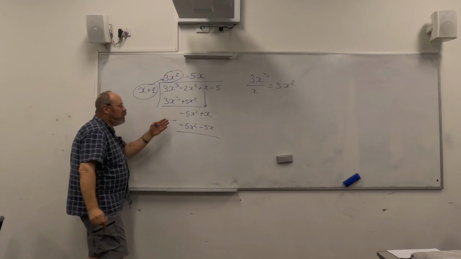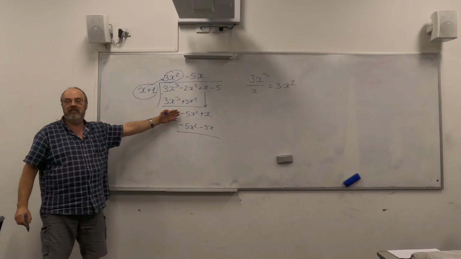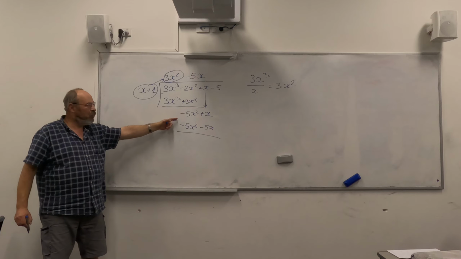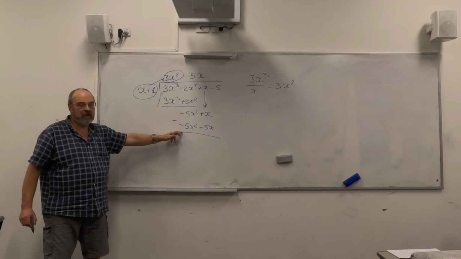As you can see, on each step we're getting rid of one term. Minus 5x squared minus minus 5x squared is 0.